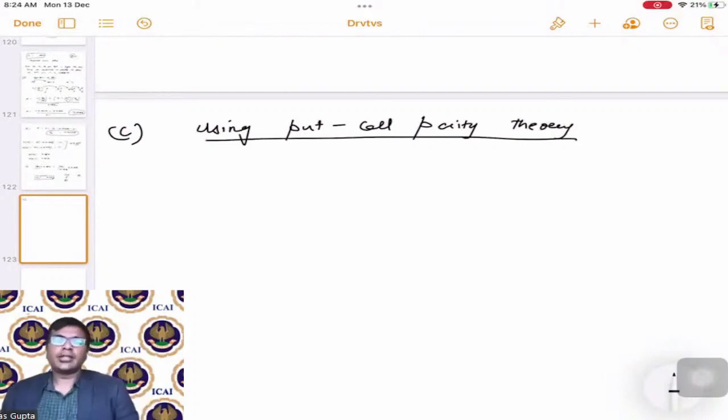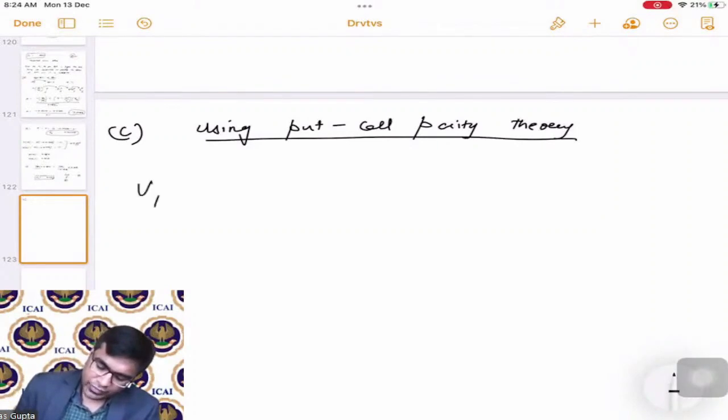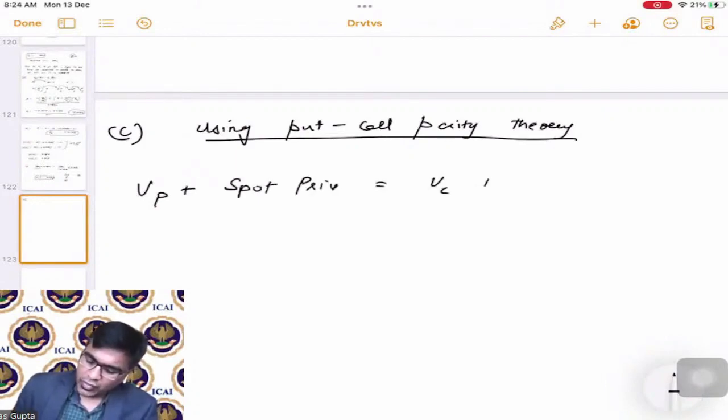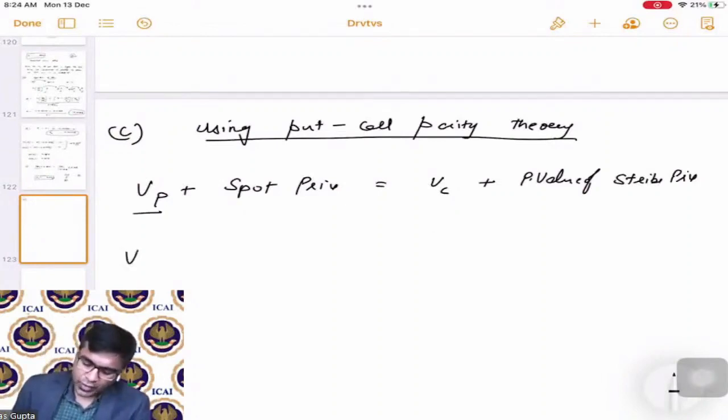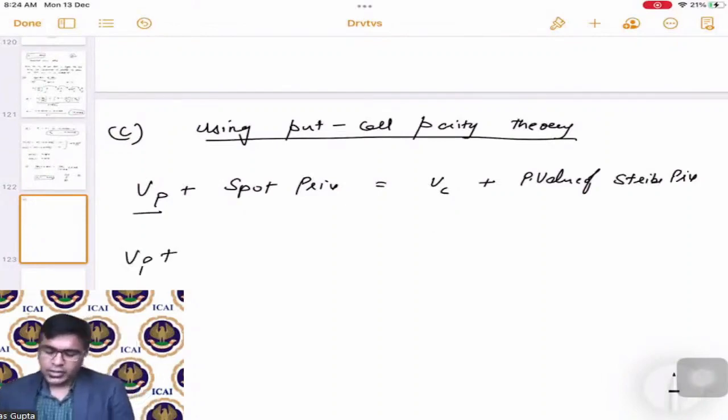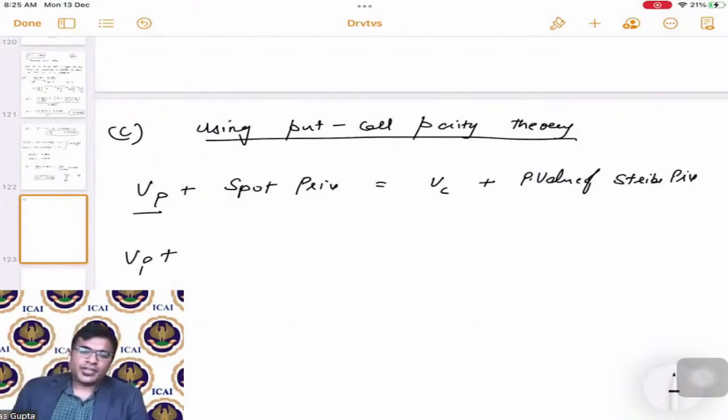Okay, if we are using the put call parity theory, then we already know that value of put plus spot price is equal to value of call plus present value of strike price, correct? Now value of put is what we have to find, plus spot price, they have told that we have to take 380.